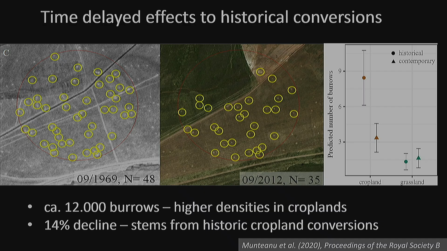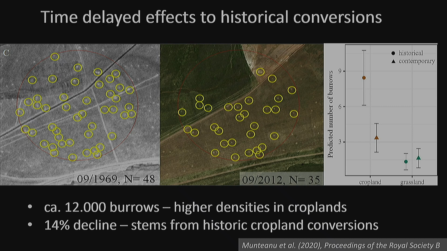The Virgin Lands campaign was a massive campaign to convert the steppes of southern Russia and Kazakhstan into cropland that permanently changed the land use of the natural habitat of the marmots and caused these declines.